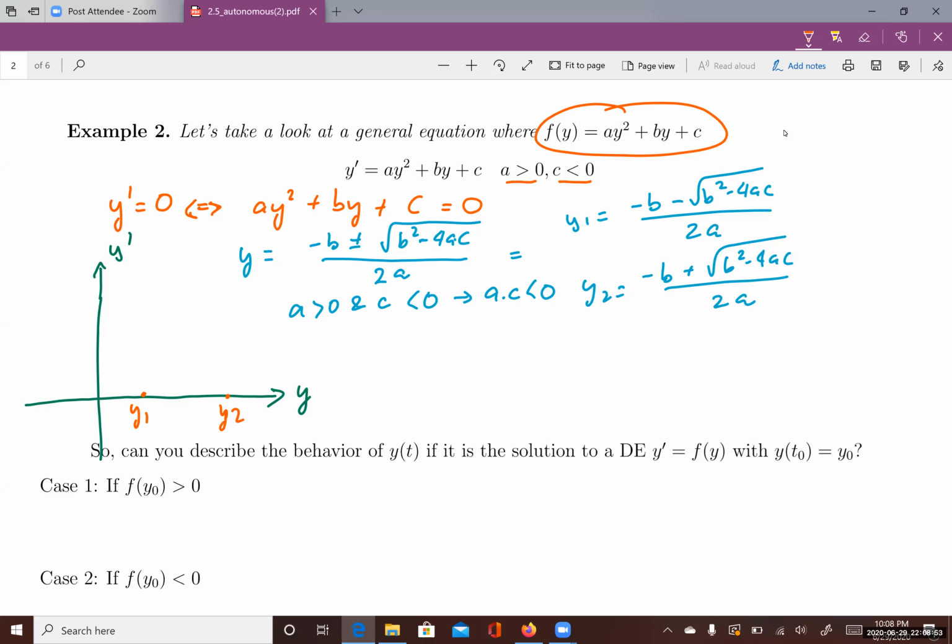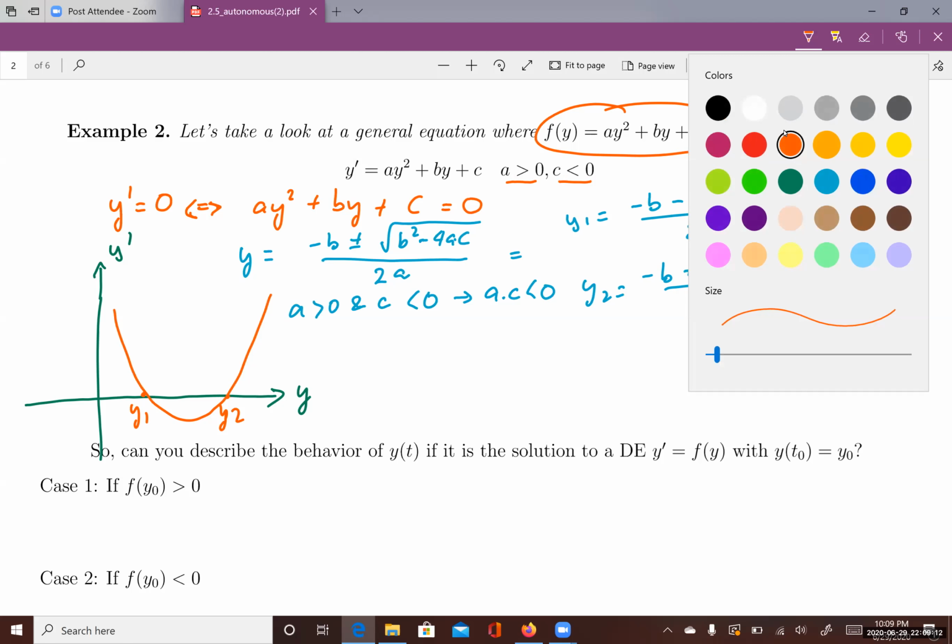And since this is an upward parabola, it will probably look like this. So this is the graph illustrating the relation between y, the dependent variable, and y prime, the derivative of the dependent variable.